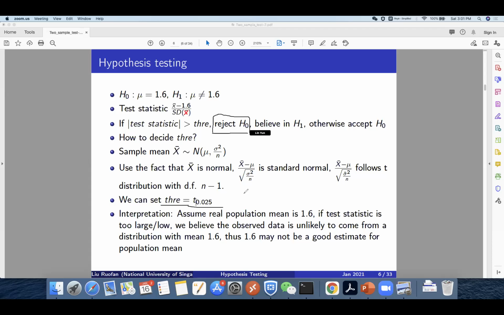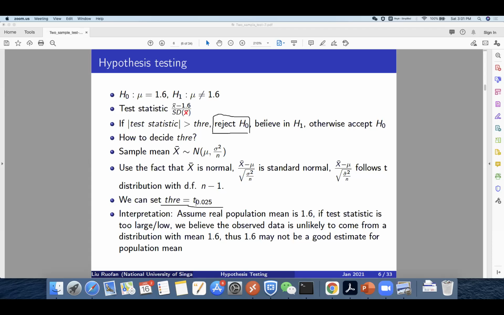Even if we reject H0, what is the probability of its reliability? Have I made myself clear? So do you mean that given that H0 is true, what is the probability of rejecting H0? Yeah. So somehow this is the point.